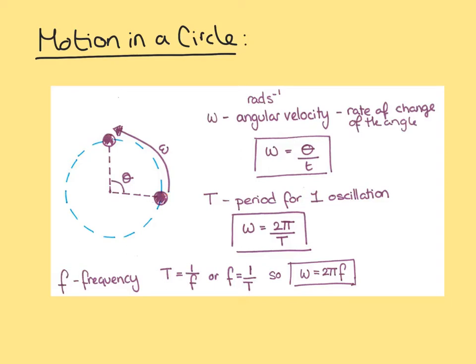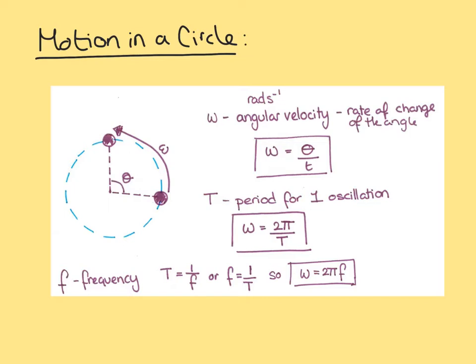And from what we've just seen, when we describe the circle in terms of radians, we know that this angle here is going to be 2 pi radians because it's the whole circle. So if we put that in here, we've got the angular velocity is equal to 2 pi over T, the period.